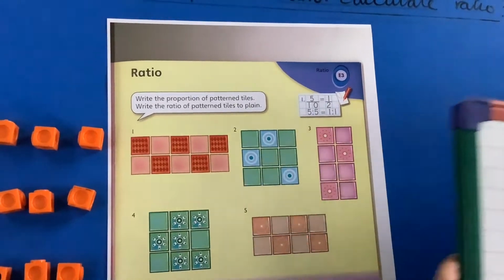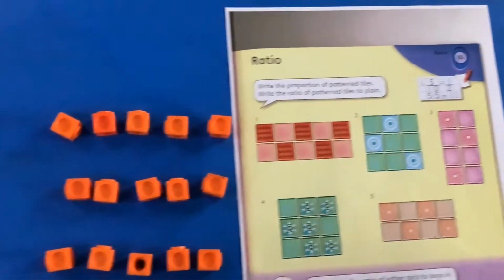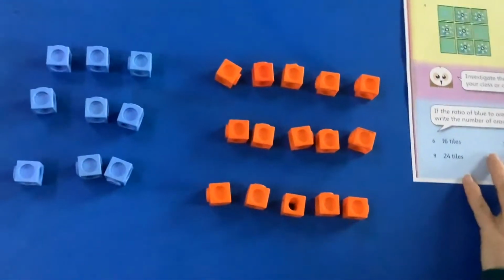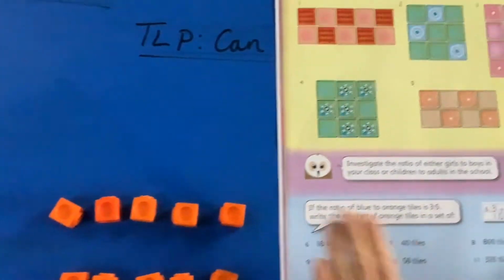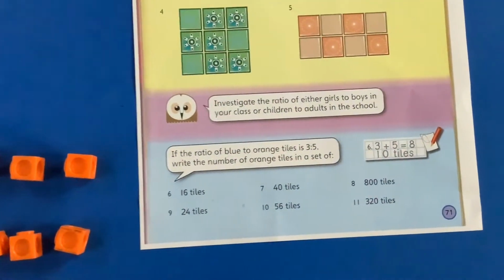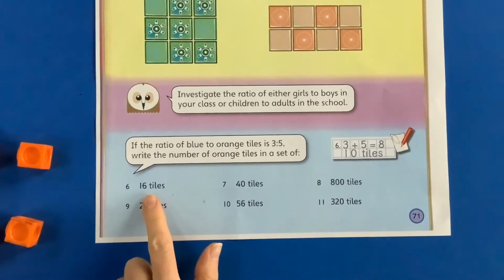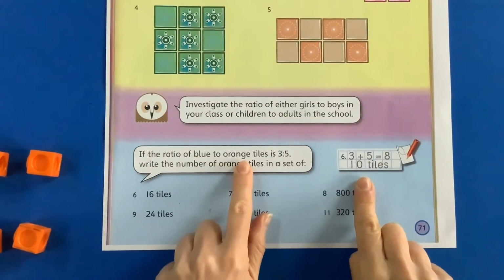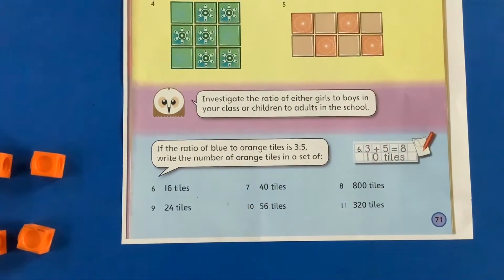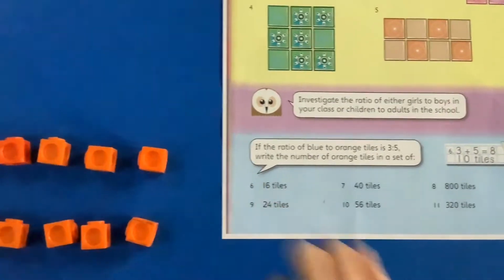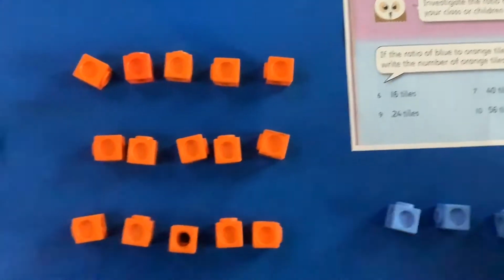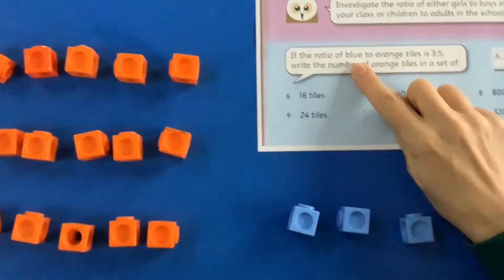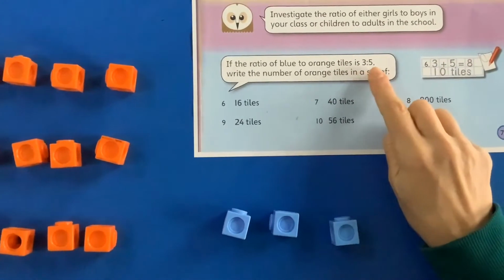Now this part at the bottom of the sheet is a little bit more tricky. So I'm going to show you this bit here. We don't need to worry about that there because we're not in school. Here we have got a ratio of blue to orange tiles. Every time you have some blue, the ratio of blue to orange is 3 to 5.